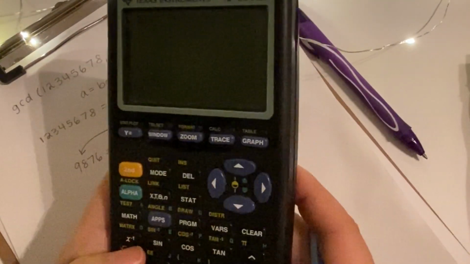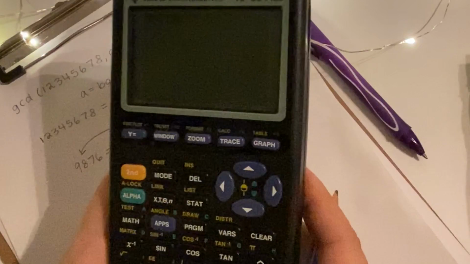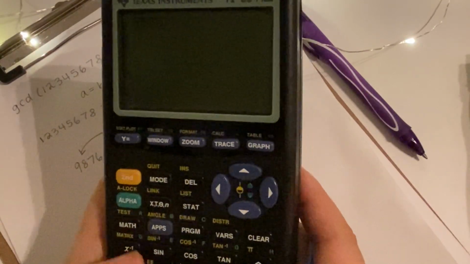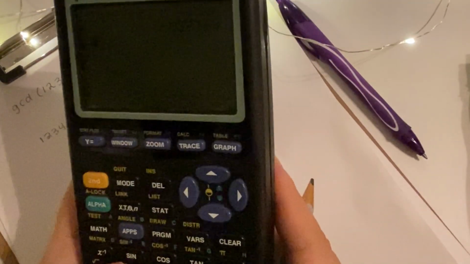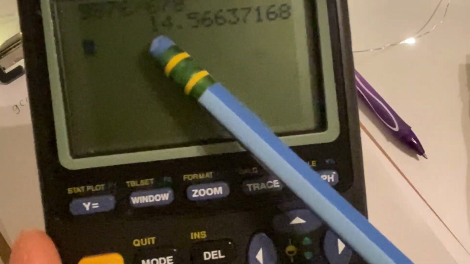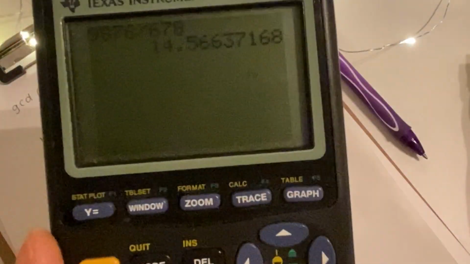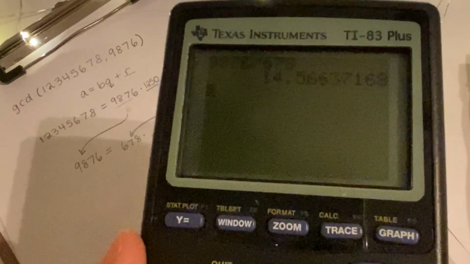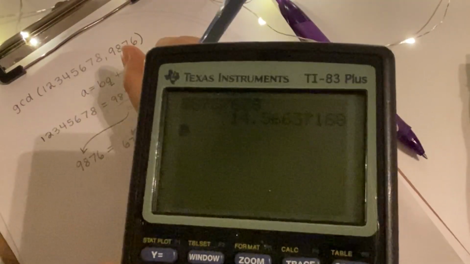So now 9, 8, 7, 6 divided by 678 is 14.566. Rounding down to know the largest number of full times. And then we multiply this.